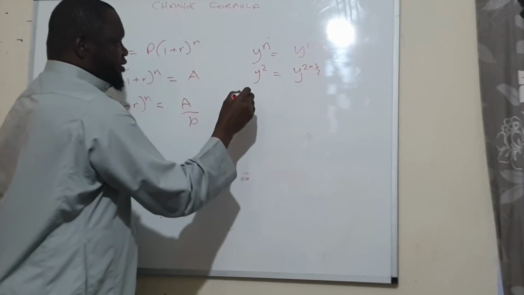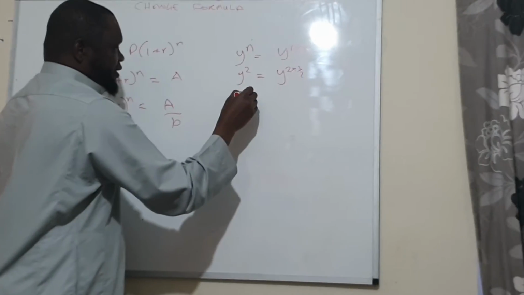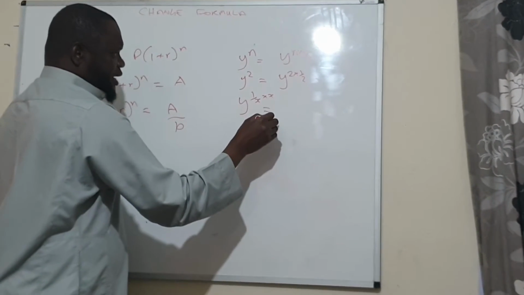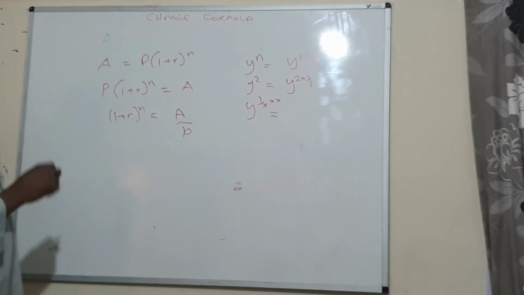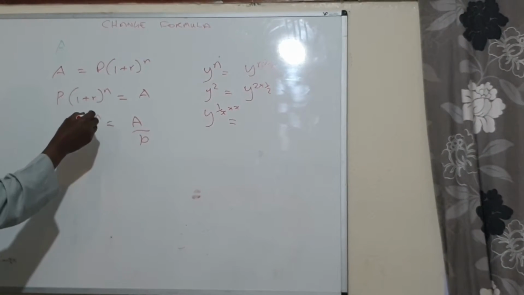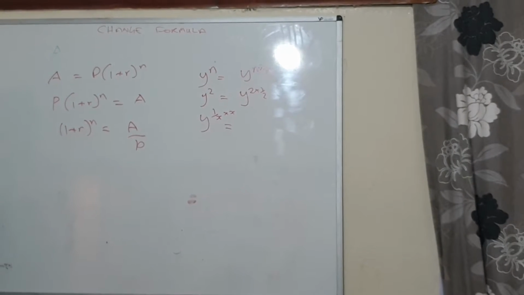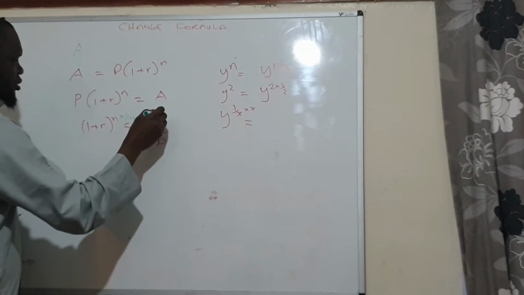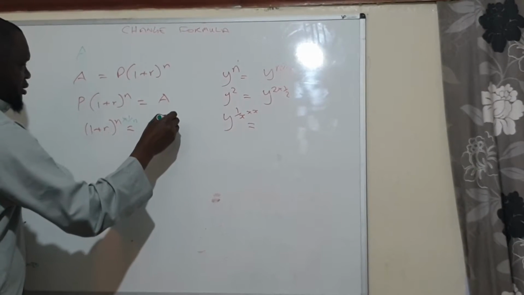You get it? If it is y to the power 1 over x, you want to eliminate this, we multiply it by x. So the same thing. We have to multiply this side by 1 over n, and this also, remember all of that.